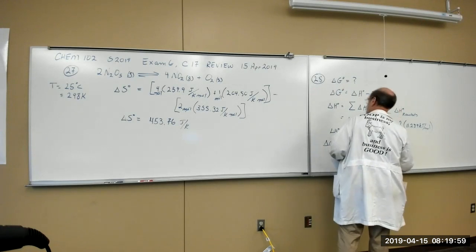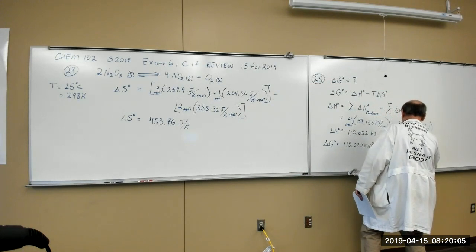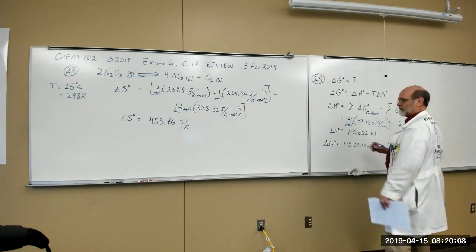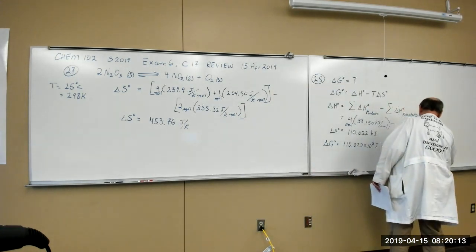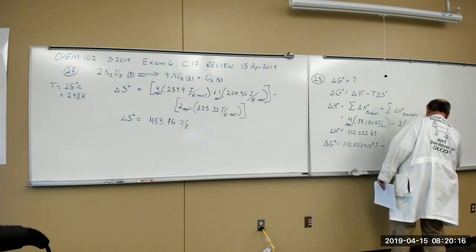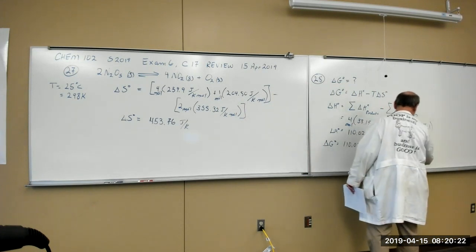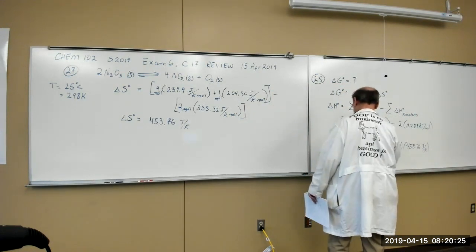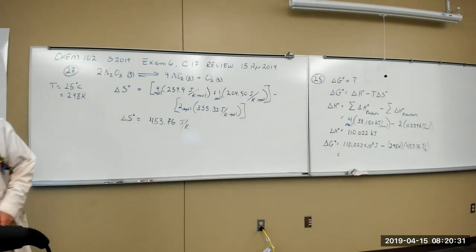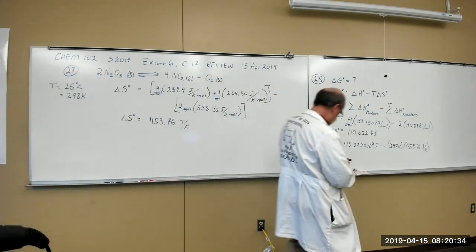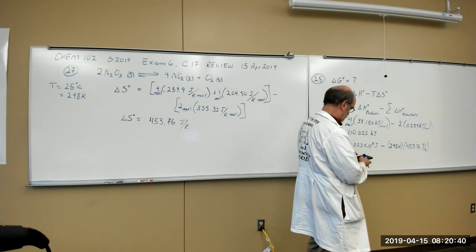This is going to be, temperature is 298 K. And then the delta S we calculated earlier, 453.76, and this is joules per K. So K's will cancel. It leaves us with joules. So let's see, 298 and 453.76.